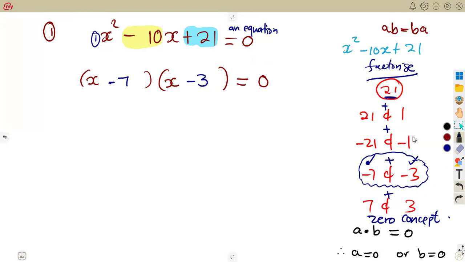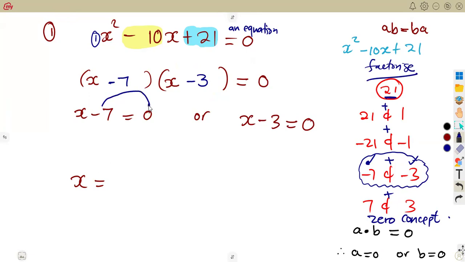So using this concept, just like our A equal to 0, we are going to equate that bracket to 0. So it follows that x minus 7 must be equal to 0, or the other remaining bracket, x minus 3, must also be equal to 0. This way, we can solve for x because it's now a linear equation.